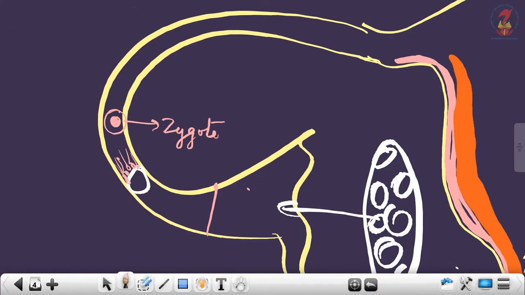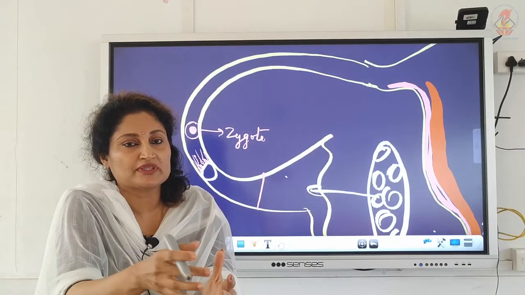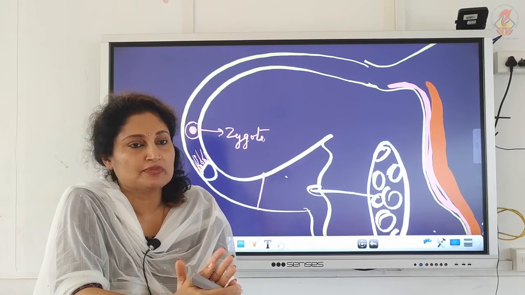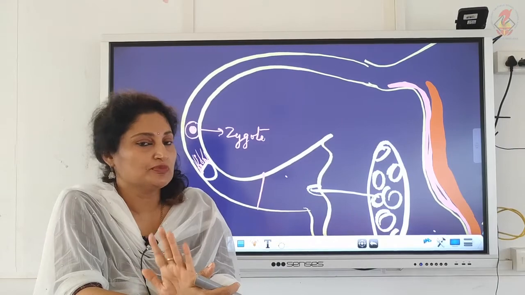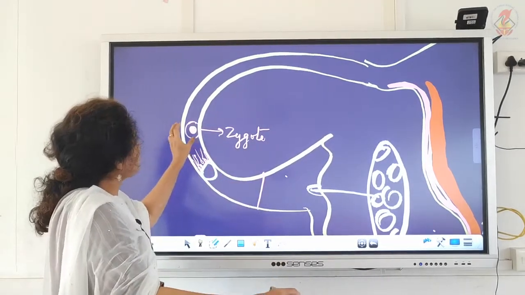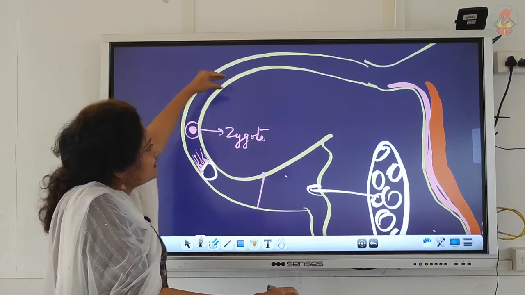Next, simple mitotic division occurs. Like an arithmetic progression, the one-celled becomes two-celled, two-celled becomes four-celled, four becomes 8, 8 becomes 16, 16 becomes 32, and 32 becomes 64. We are going to see these various stages, and this happens when the zygote moves from the ampulla towards the uterus.